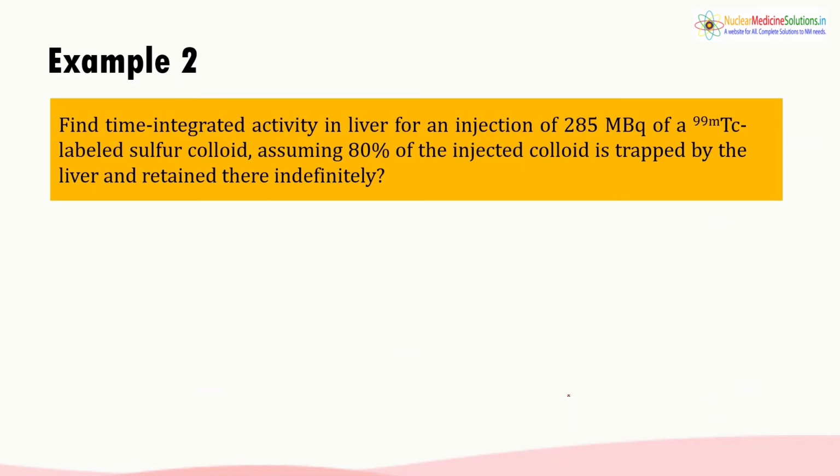Let's see an example. Find the time integrated activity in the liver for an injection of 285 MBq of technetium-99m labeled sulfur colloid, assuming 80% of the injected colloid is trapped by the liver and retained there indefinitely. Let's see the solution. A tilde is 1.44 into A0 into F1 into Tp.